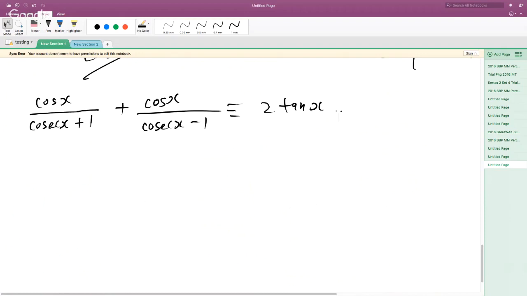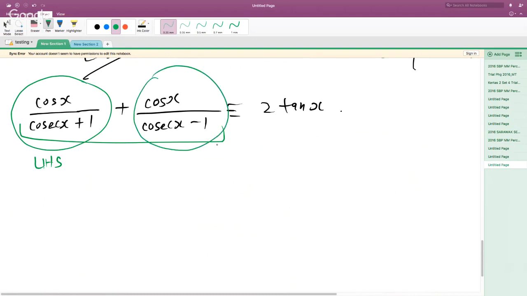Okay, so if you want to do the question like this, I say always choose the side with more information. So I will choose left hand side. I will choose this side just because it has more information. So I will start with left hand side. And then I will start to analyze this one. I will basically see 2 fractions here, and then the symbol in the middle is plus. So I will apply the first thing, same denominator.